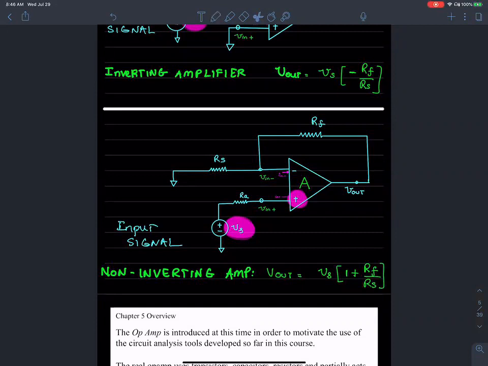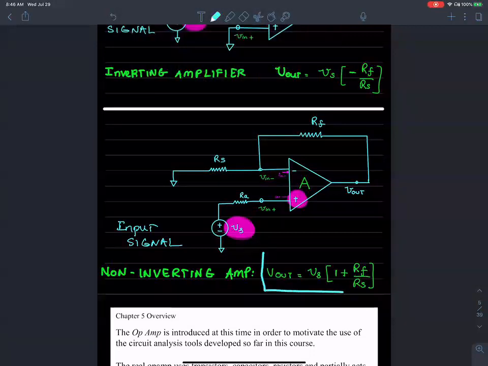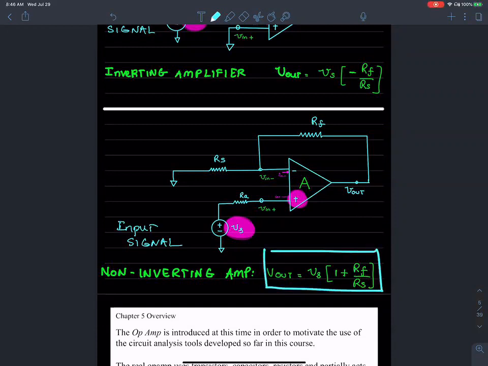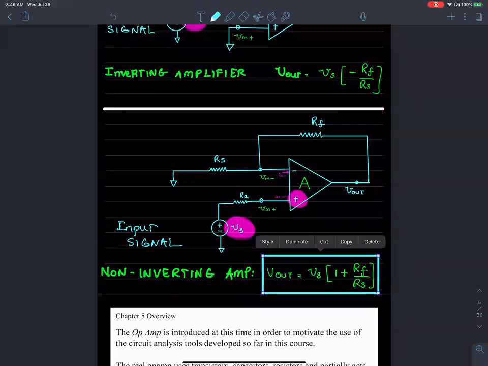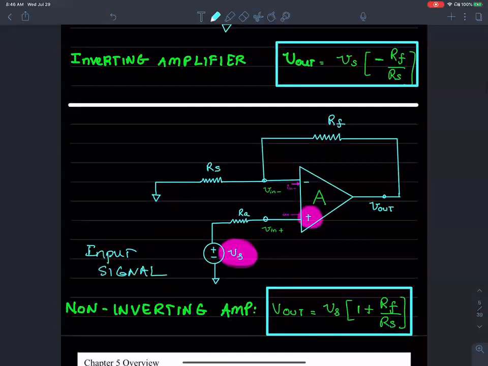If you compare these two results, one of them is positive because 1 plus RF over RS, that term is positive over here.